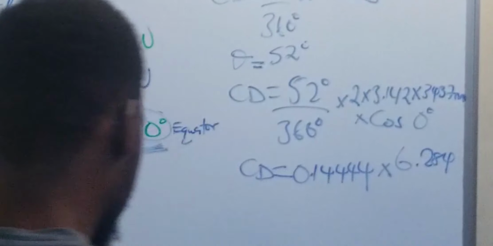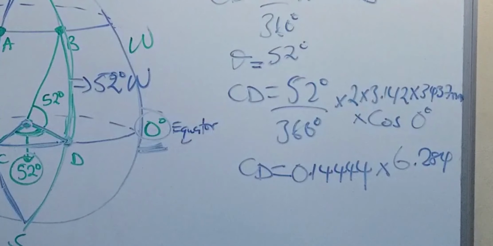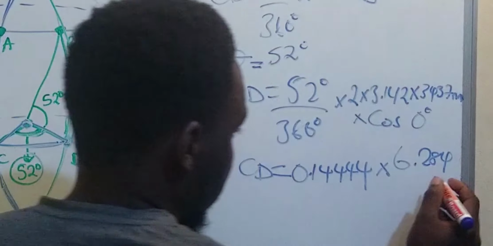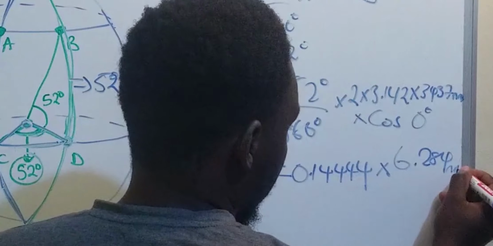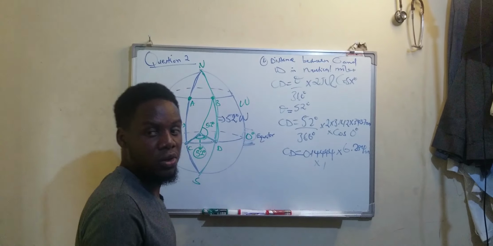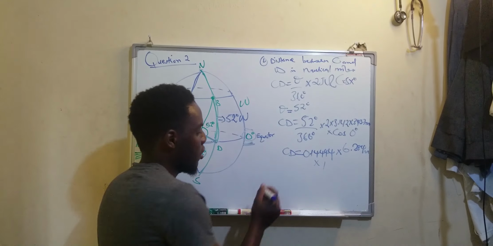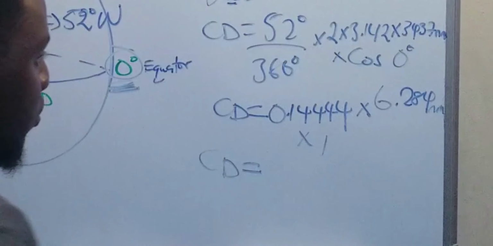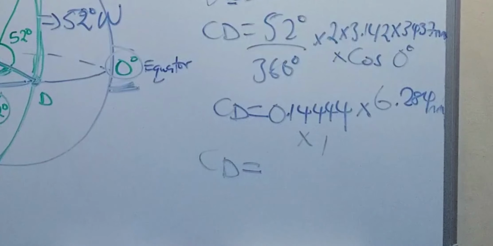Then cos 0 there is 1. Cos 0 is 1 there, so there's no need for us to write it. Anyway, we'll just put it there, but just know that cos 0 is 1. So CD is equal to 0.1444 multiplied by 6.284.